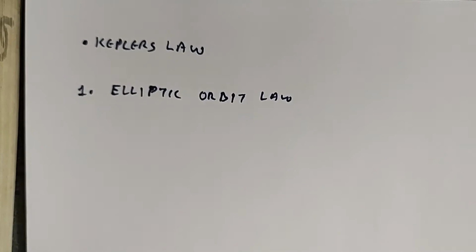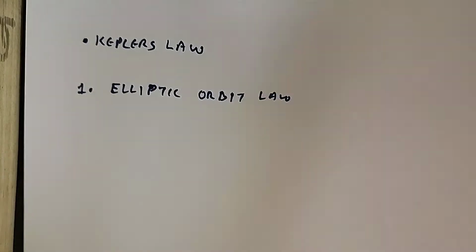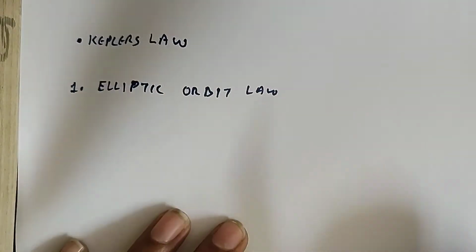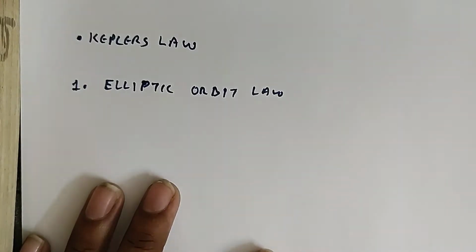What does the first law say? Each planet moves in an ellipse with Sun at one of the foci. It specifically says Sun at the focus, but it can be extended to a Sun-like object. So that's one of the key things that you need to note here.